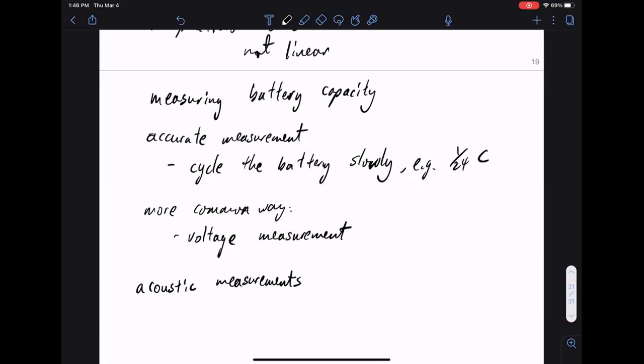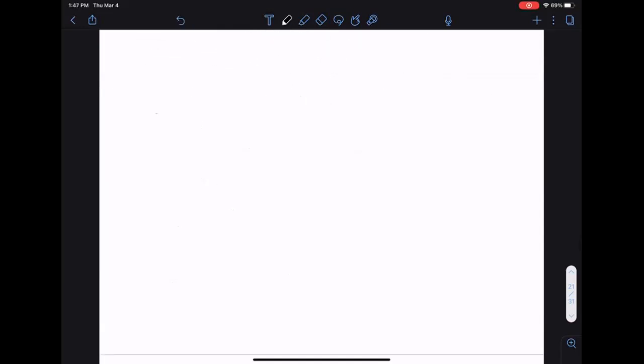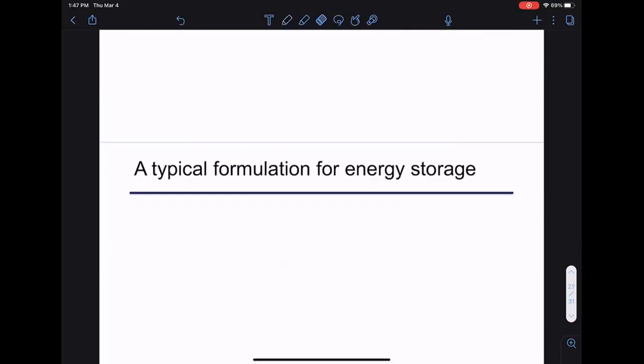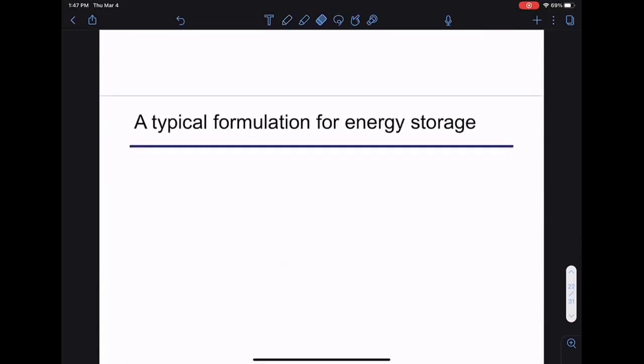All right, so after all this, if we write this in an actual problem, then the typical formulation works out this way.